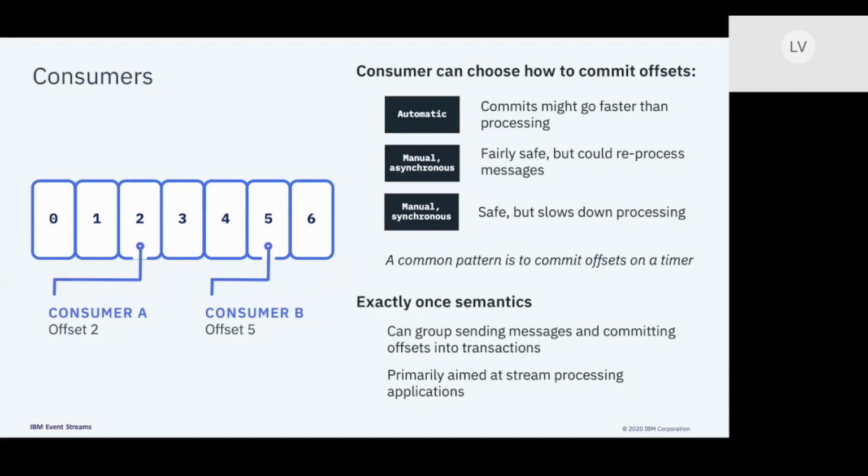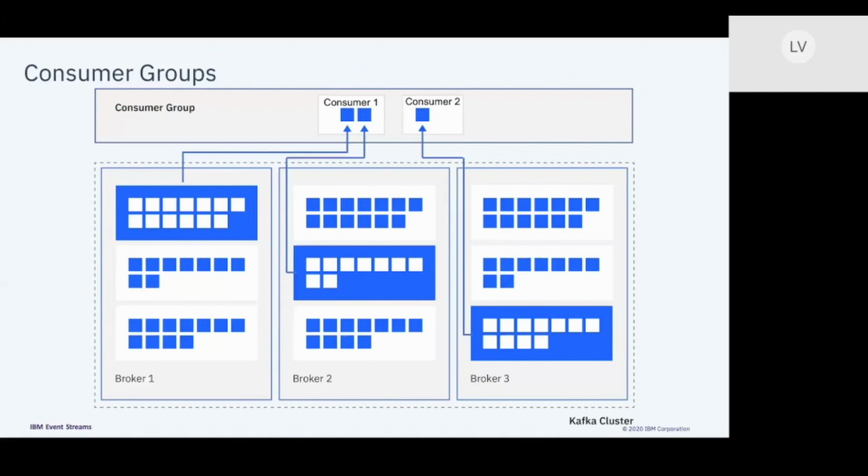When we talk about consumers, to manage scalability, you can create what we call a consumer group. The consumer group contains one or more consumers working together to process the messages. Messages from a single partition are processed by one consumer in each group. That's the way to leverage the different partitions of specific topics.